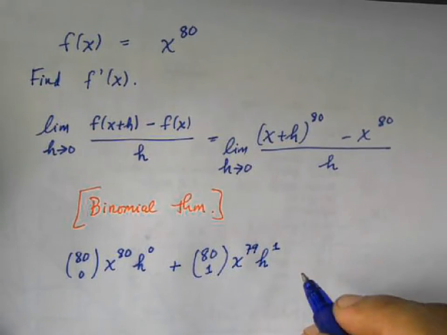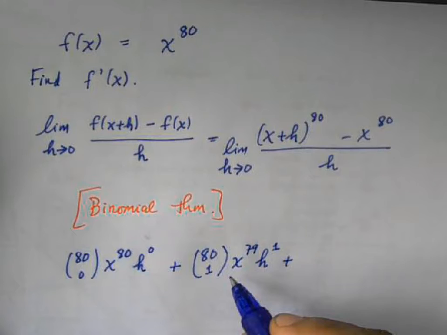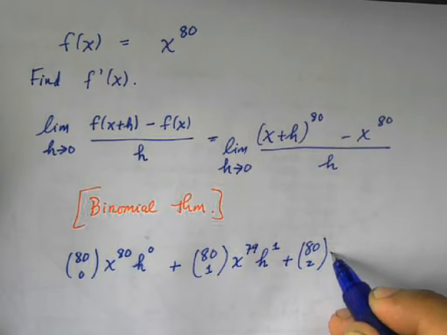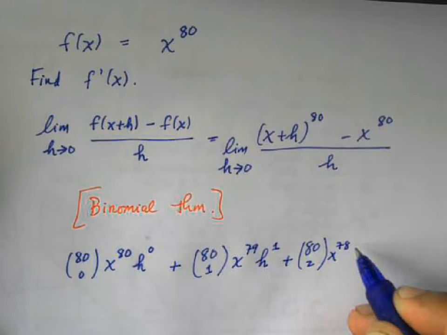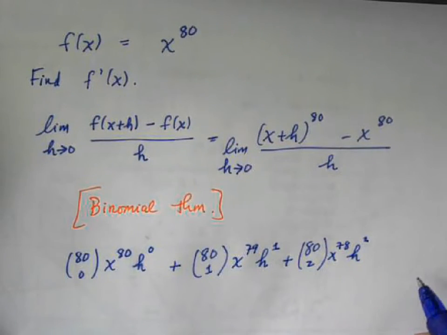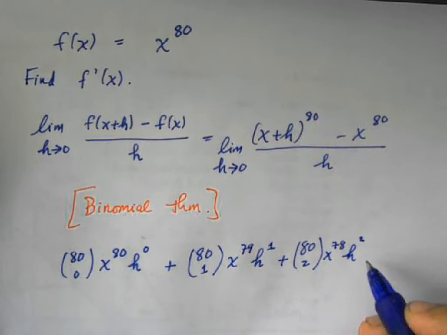Okay. And this pattern is going to continue. It's going to be 80 choose 2 times x to the 78th power times h squared, okay, and so on.